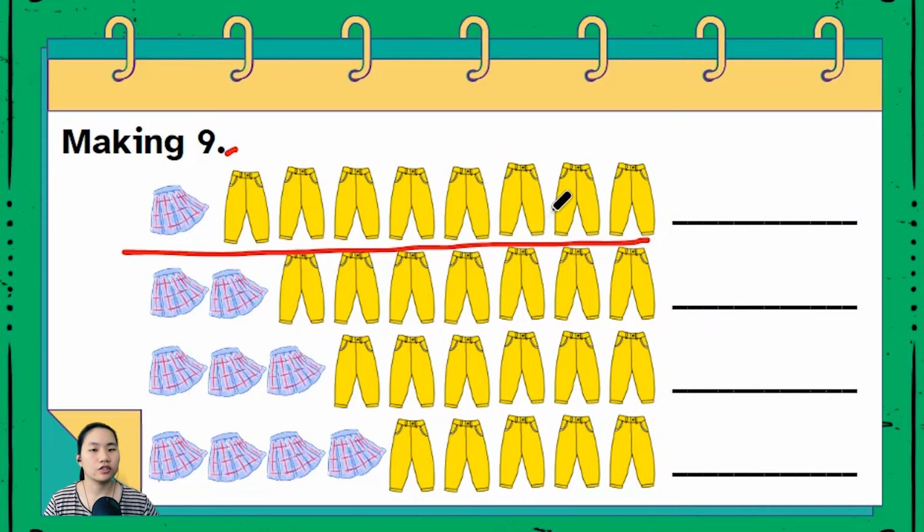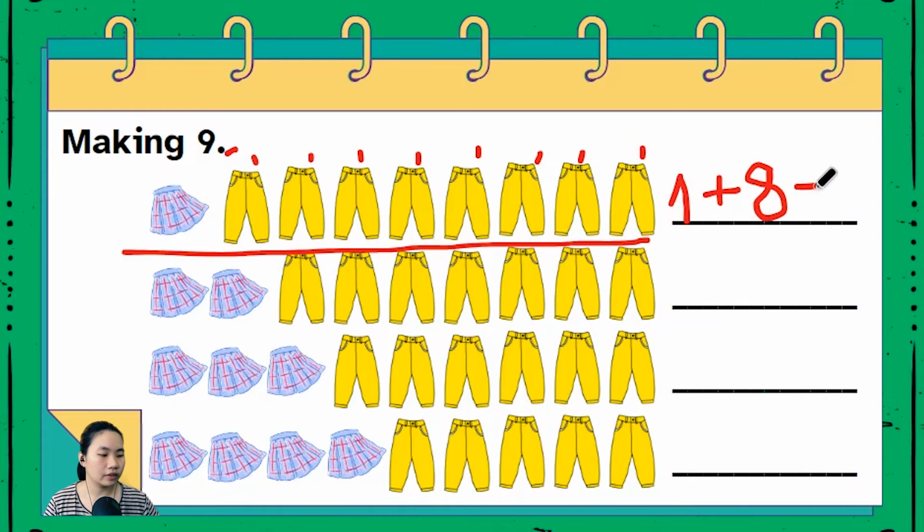How many skirts do we have? Well, it's easy to say. We have 1 plus. How many pants do we have? 1, 2, 3, 4, 5, 6, 7, and 8. We have 8 pants. 1 plus 8 equals 9. Okay, we're working with 9 here.